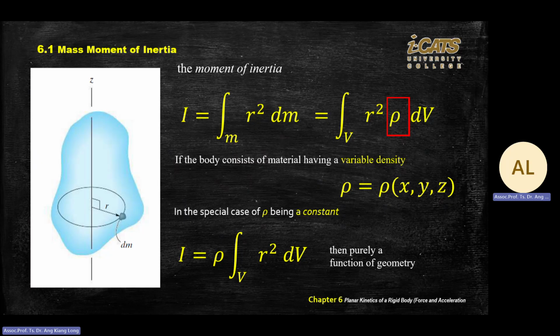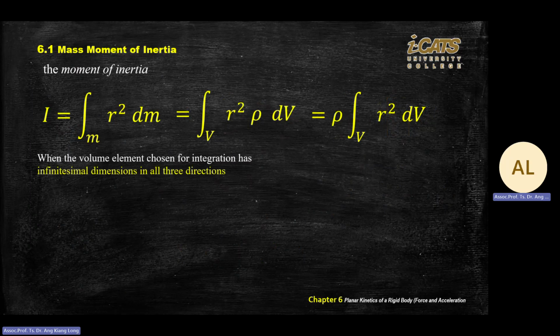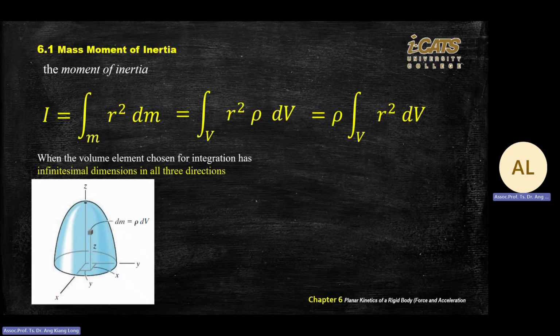So here you can see that this is actually a purely geometry function. It's in radius, it's in x, y, z, and so on. All this is just mathematics, nothing complex here. Where it gets complex is when you change the mass into rho and volume.